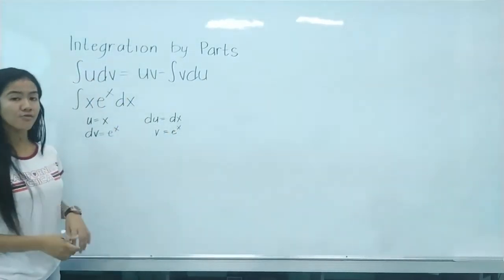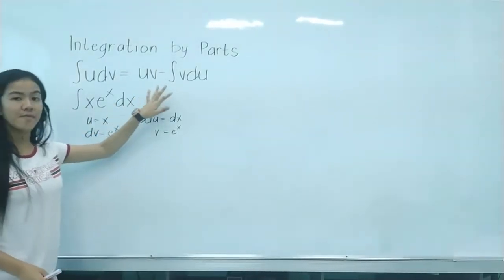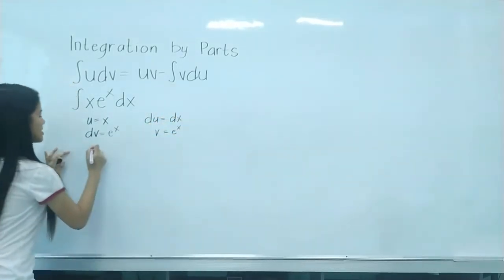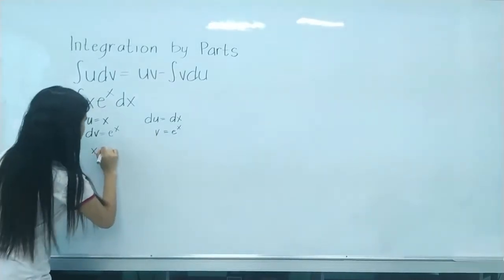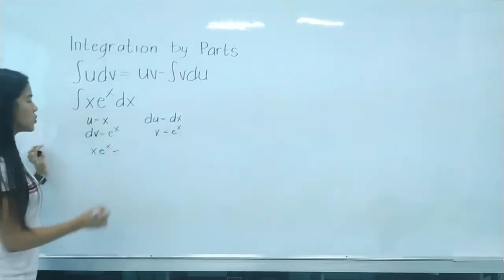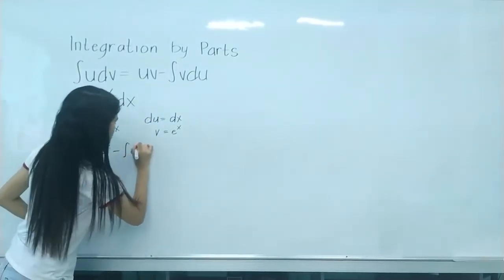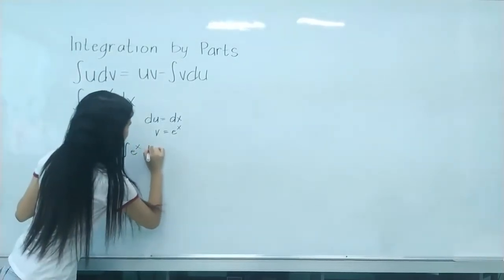Now we have to plug it into our formula: uv minus the integral of v du. Our u here is x. Our v is e raised to x, subtracted by the integral of v, which is e raised to x, and our du, which is dx.